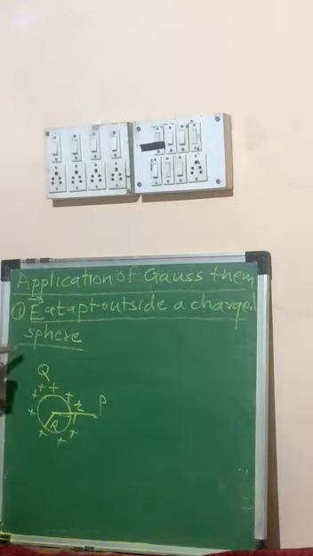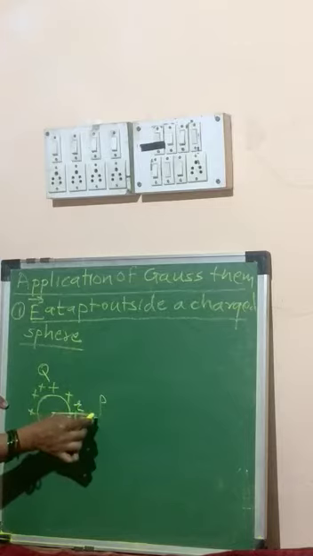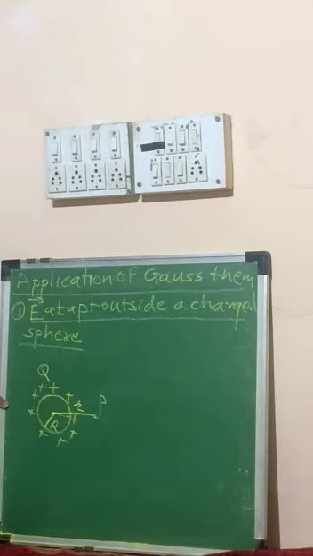Now whenever we are going to use a Gauss theorem, there are certain steps to determine electric intensity. In that, the first step is the point where you want to determine electric intensity should get enclosed under a Gaussian closed surface.